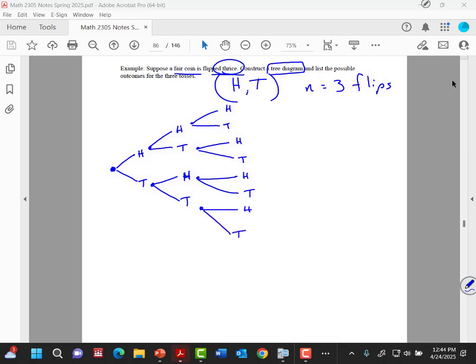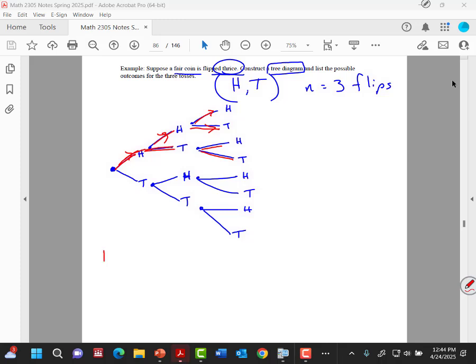And the beauty of this then is that each route in the tree describes one of the possible outcomes that we could observe. So let's quickly list those.